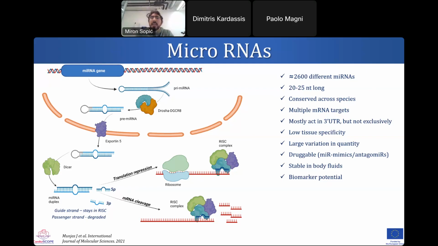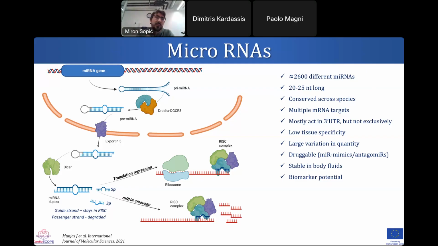One thing that complicates our interpretation of microRNA functions is the fact that one microRNA can have multiple mRNA targets, and then again, several microRNAs can target the same mRNA. So this really complicates the interpretation of the function of certain microRNAs.